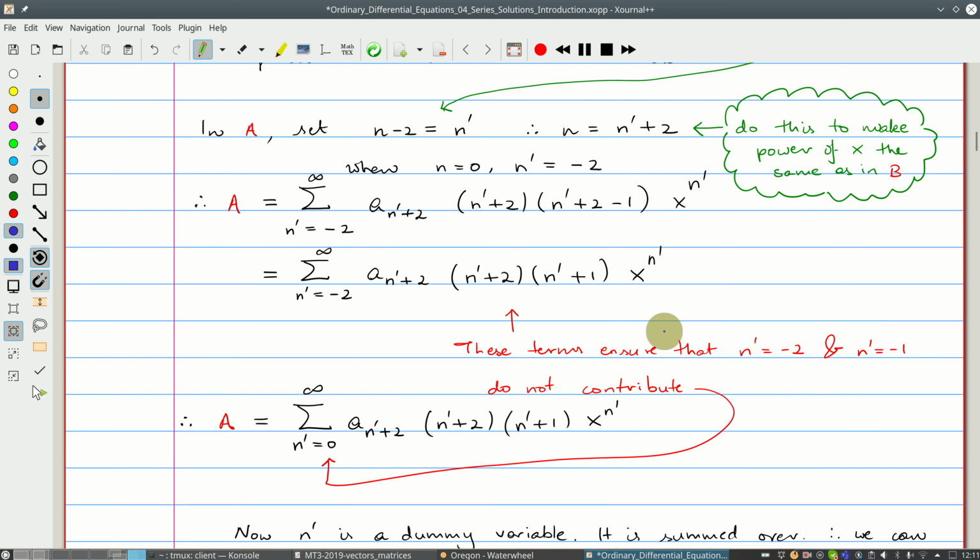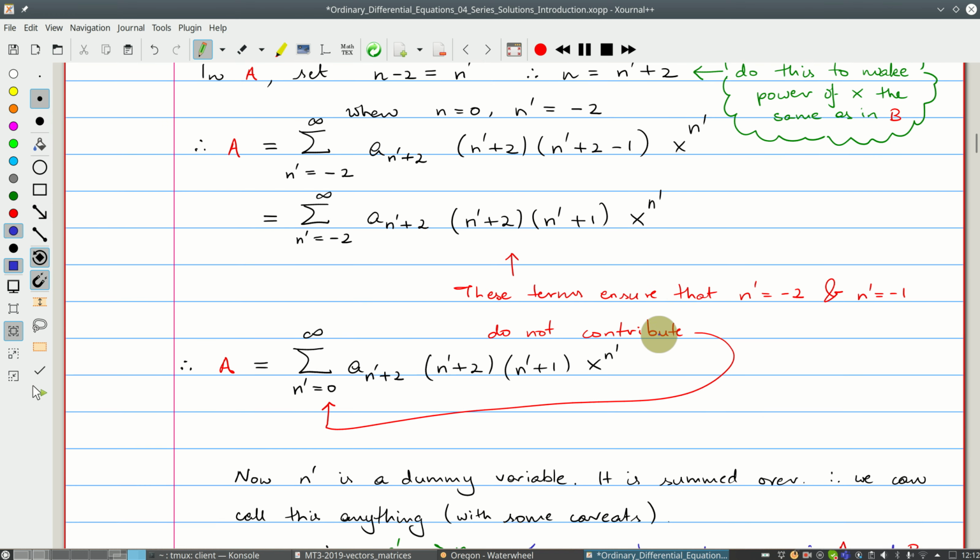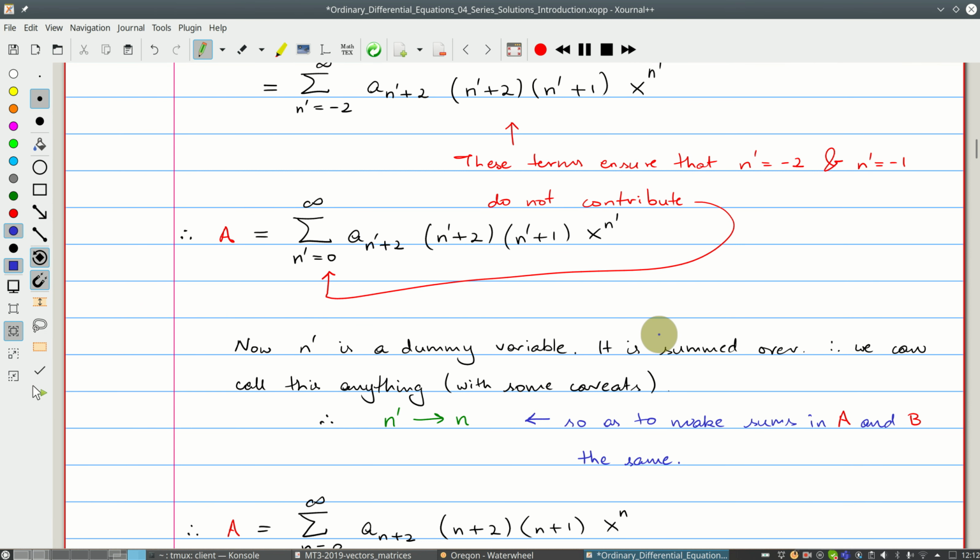Now we make one more observation. n prime is a dummy variable. It is summed over completely. So whether we call it n prime or m or l, it doesn't matter. And what we're going to do is drop the prime. I'm going to replace n prime with n.